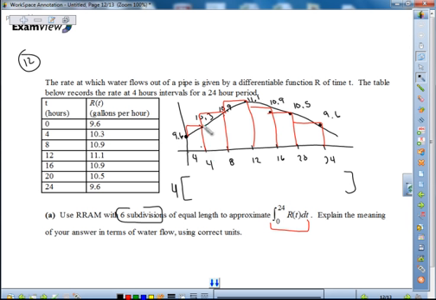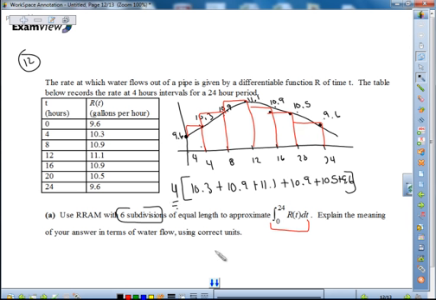So the height of the first rectangle is 10.3, the second one is 10.9, the third one is 11.11, the fourth one 10.9, the fifth one 10.5, and the sixth one is 9.6.